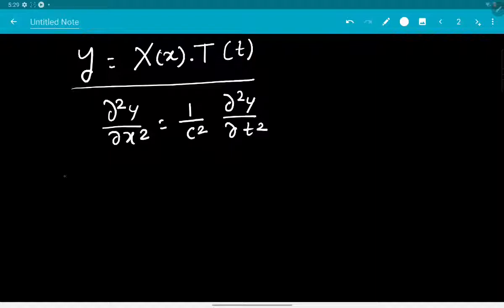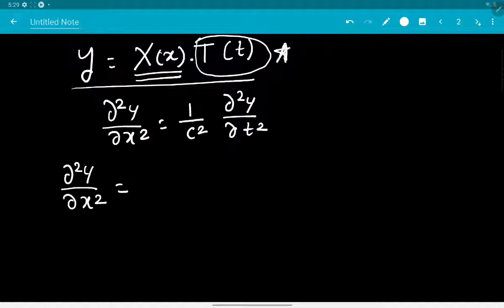Now if you find the partial derivative of y with respect to x, then you will be differentiating this function alone, and this function, since it doesn't have any x in it, doesn't at all depend on x. So if you differentiate y partially with x, then T will not change at all, it will remain as is. So del square y by del x square can be written as T of t times d square capital X by d small x square.